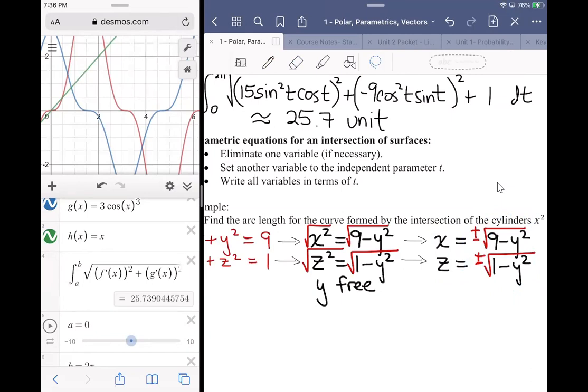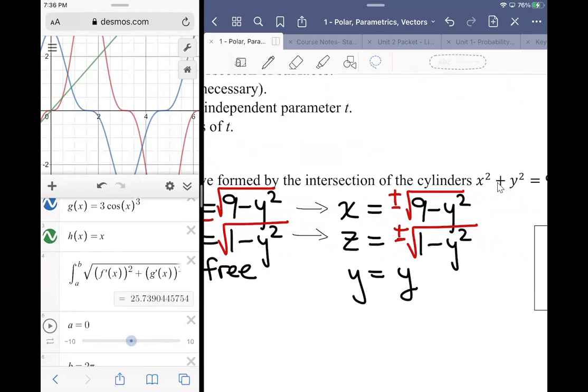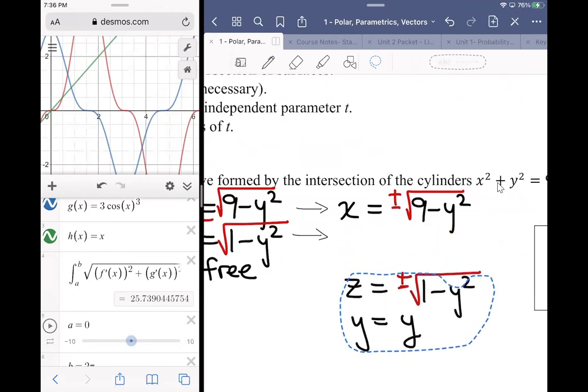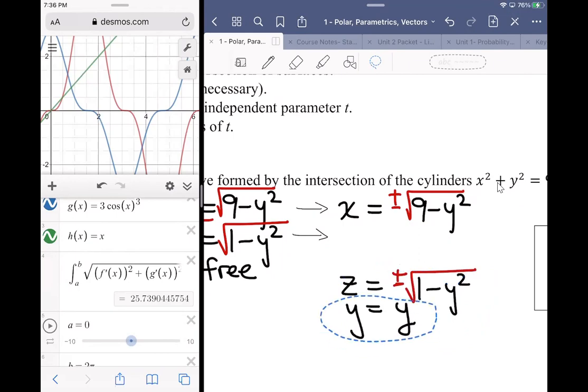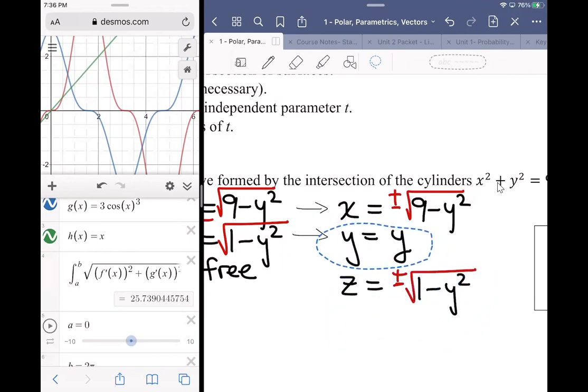If I tried to somehow solve these equations for y, it would be in terms of another variable. So the best I could say, really, is that y, since it's a free variable, is just equal to y. Y is equal to itself. Right? Now, for the sake of keeping things organized, what I'll do is shimmy things around so that it's in alphabetical order.